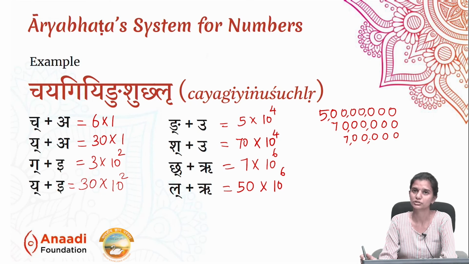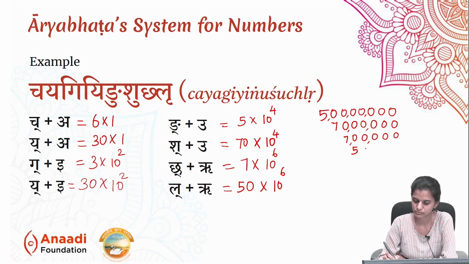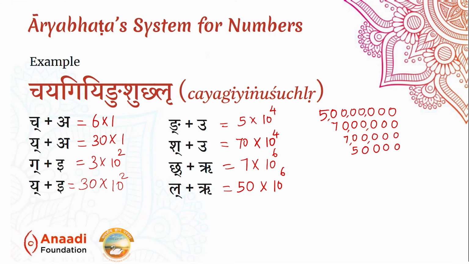Next we have 5 into 10 power 4. It's 50,000. Then we have 30 into 10 power 2, which is 3,000. Then we have 3 into 10 power 2, which is 300. Then we have 30, and 6. Let's sum this up. So the value will be 6, 3, 3, 3, 5, 7, 7, 5.